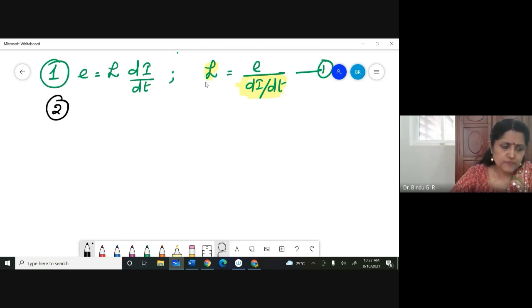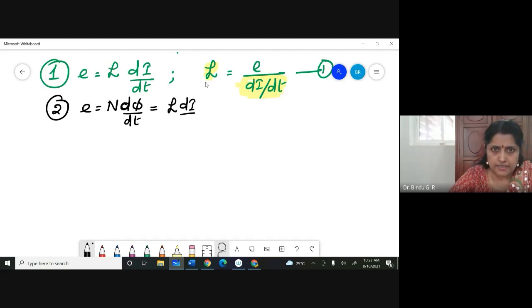Second equation, E is equal to N d phi by dt, which is as per Faraday's laws of electromagnetic induction, and we also found out that it is equal to L di by dt, which I can modify as d by dt of N phi, which is the same as d by dt of Li.